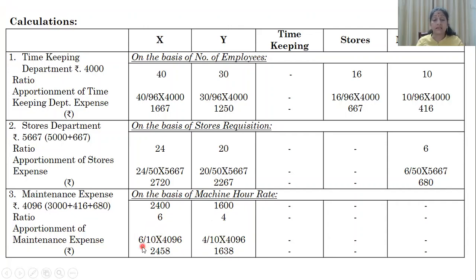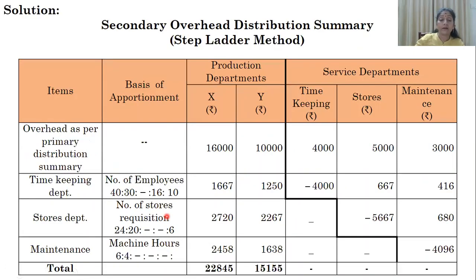Then 6 divided by 10 into 4,096, we will arrive at 2,458. Then 4 divided by 10 into 4,096, 1,638. We reallocated maintenance only in the ratio 6 is to 4 to X and Y. This 4,096 is apportioned in the ratio of 6 is to 4: X 2,458 and Y 1,638.